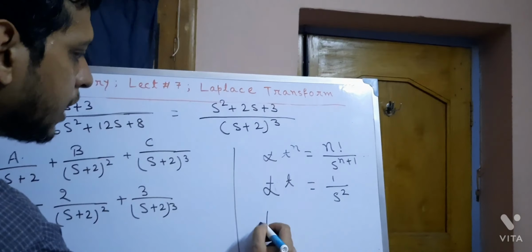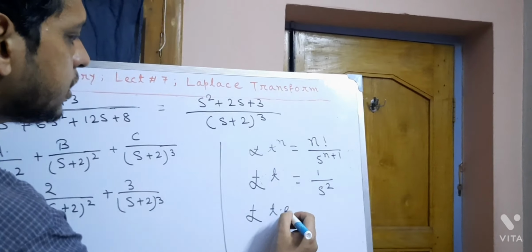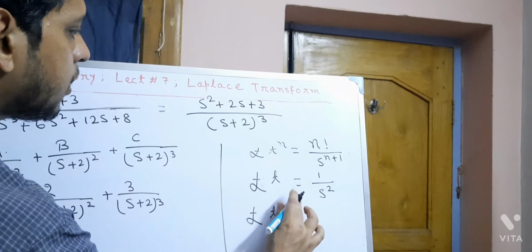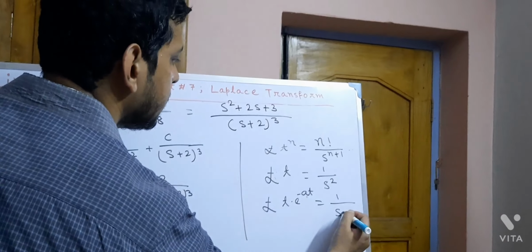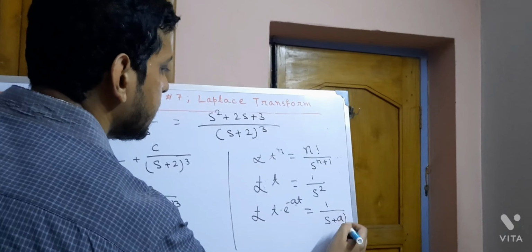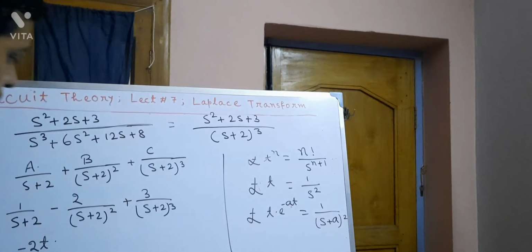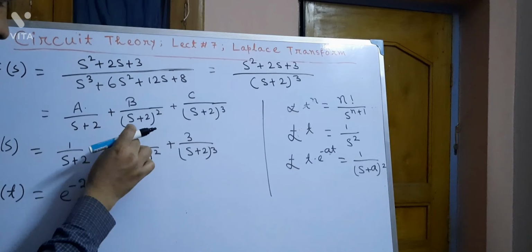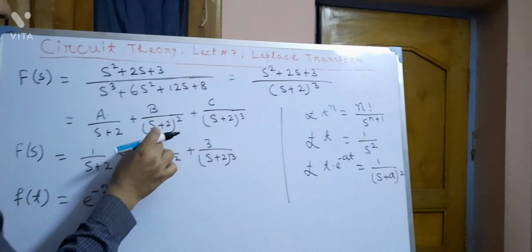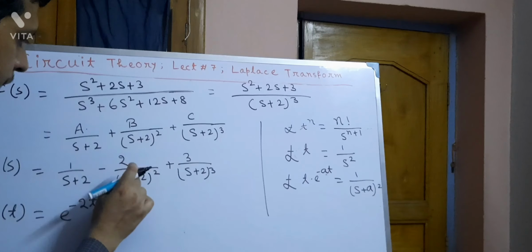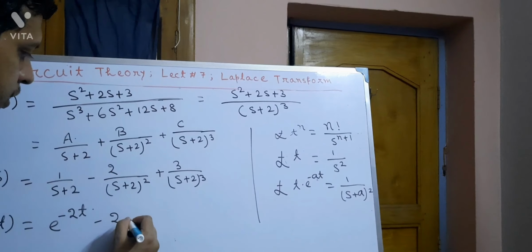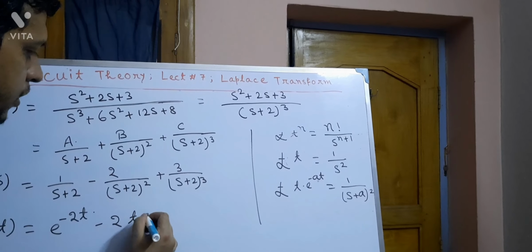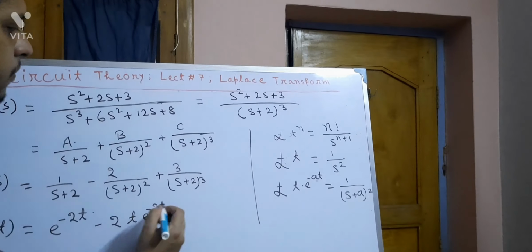So Laplace transform of t e to the power minus at is equal to 1 by (s plus a) square. So inverse Laplace transform of minus 2 by (s plus 2) whole square is equal to minus t e to the power minus 2t.